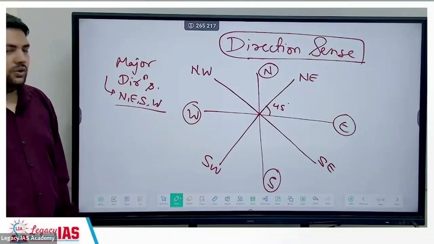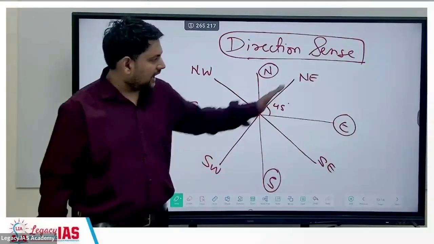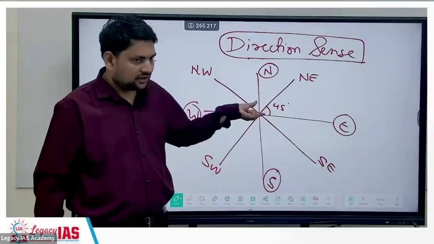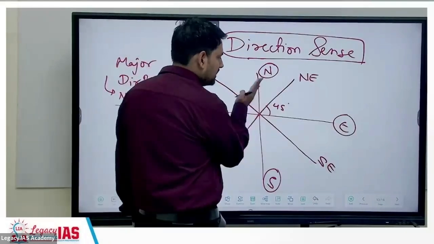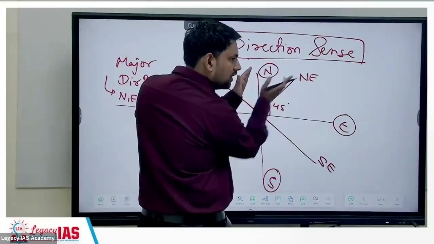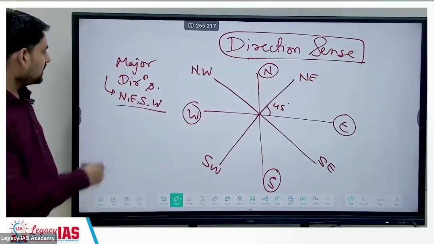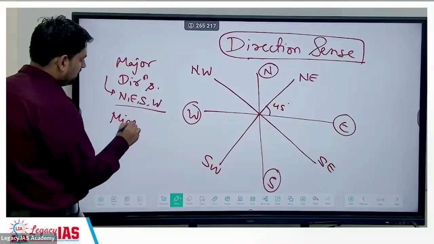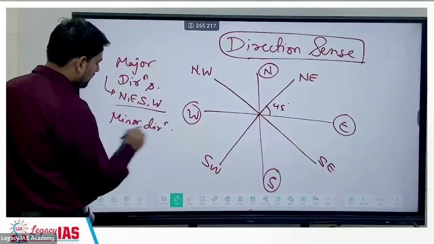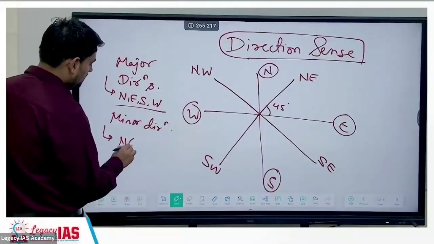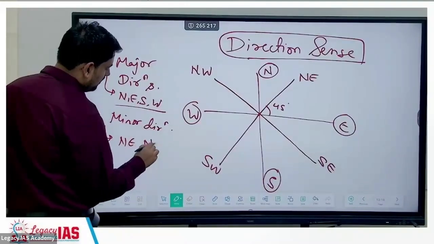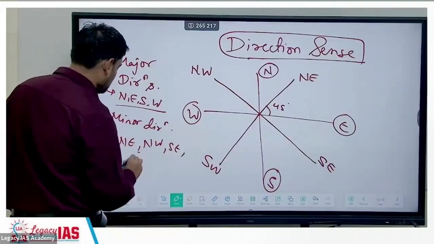This much we know. This is at 45 degrees, exactly bisecting this part, like it is dividing it into exact two halves. These are called minor directions: northeast, northwest, southeast, and southwest.